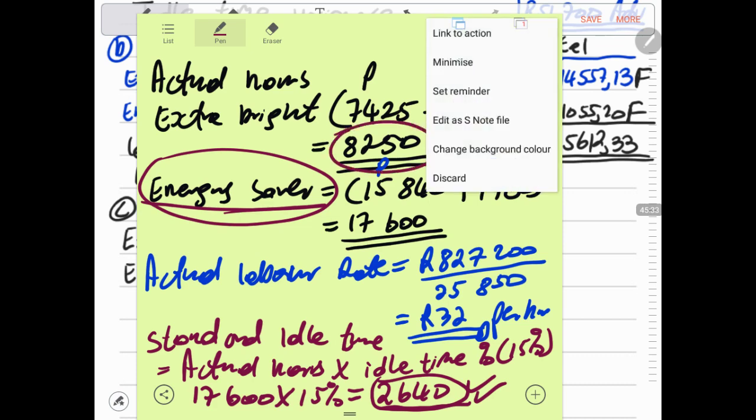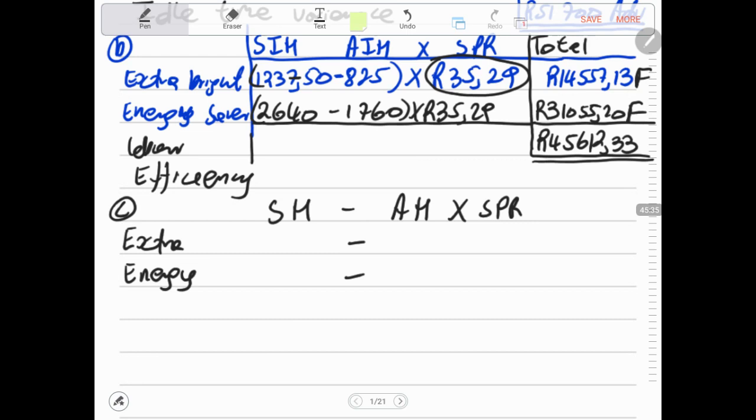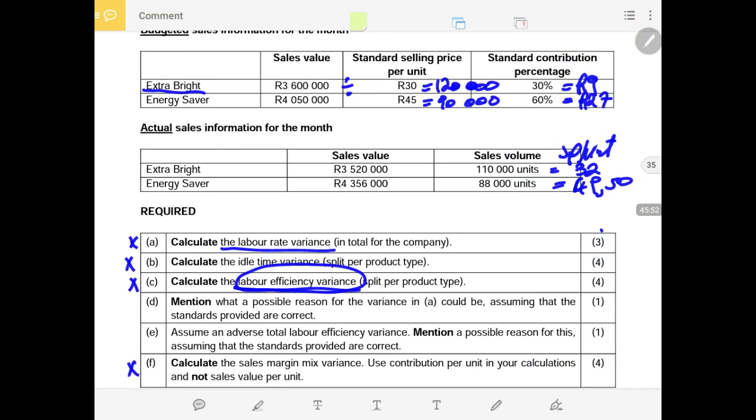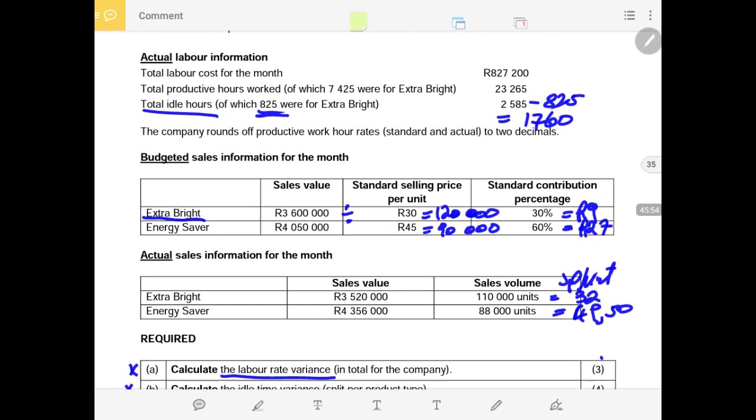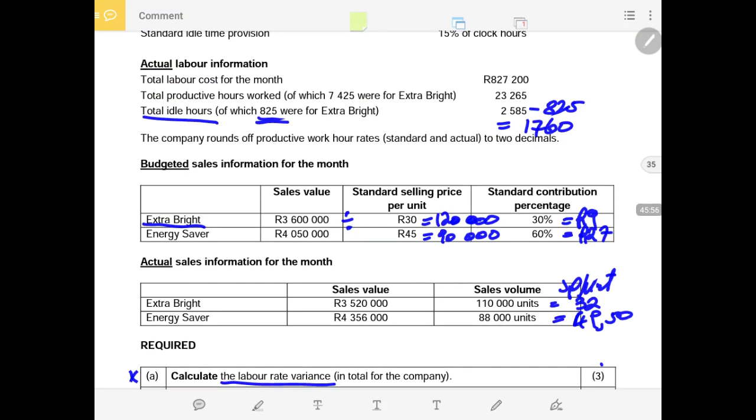Remember, we are looking at all the hours in this case. The total hours that were actually incurred. Then now this is number C. We are looking at the efficiency variance. Let me just go and analyze the information provided once again. And we look at our actual productive hours.